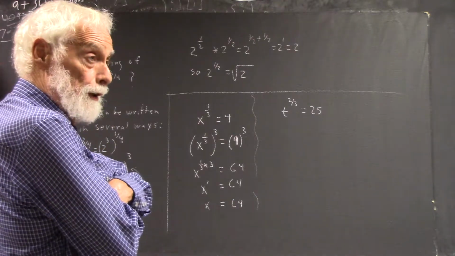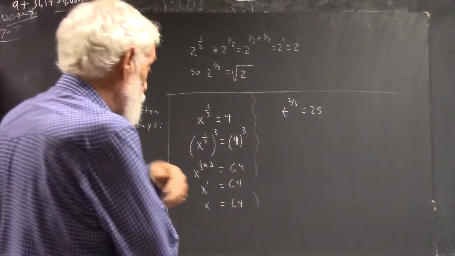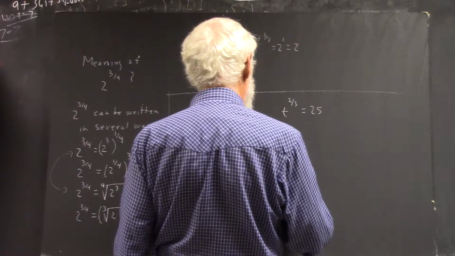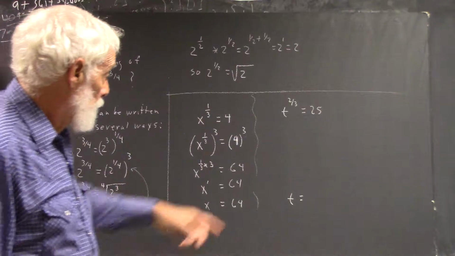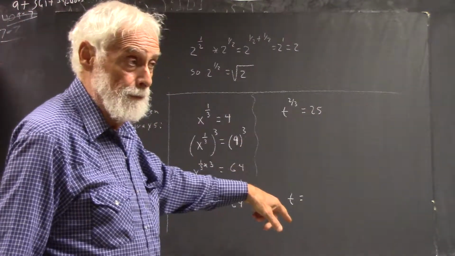Now you want to get t, right? So you want to end up down here with t equals whatever comes out. So how are you going to get from t to the 2/3 to t?